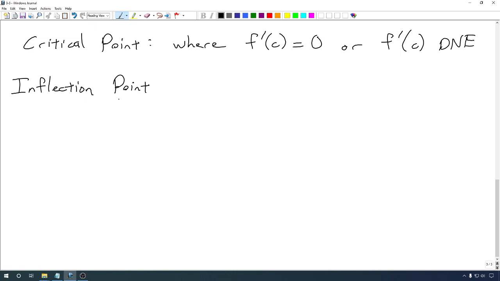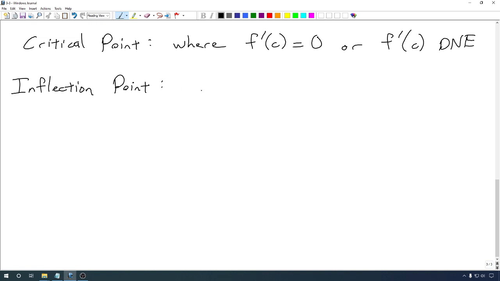Again, this is what I'm used to actually calling it, so I'll probably continue calling it an inflection point. The book, for some reason, is calling it a point of inflection. But the important thing is the inflection name. We don't use that for anything else.